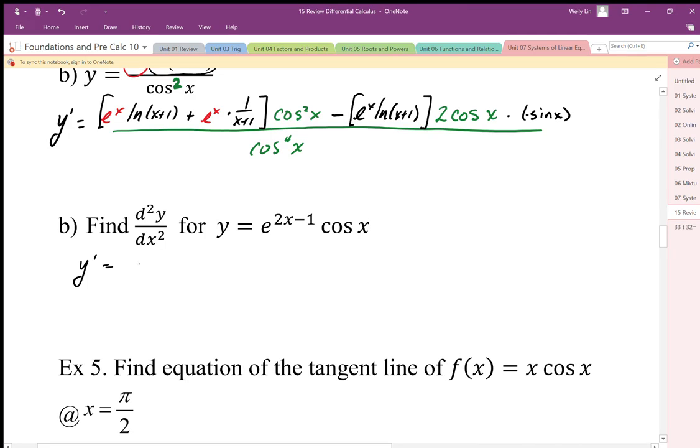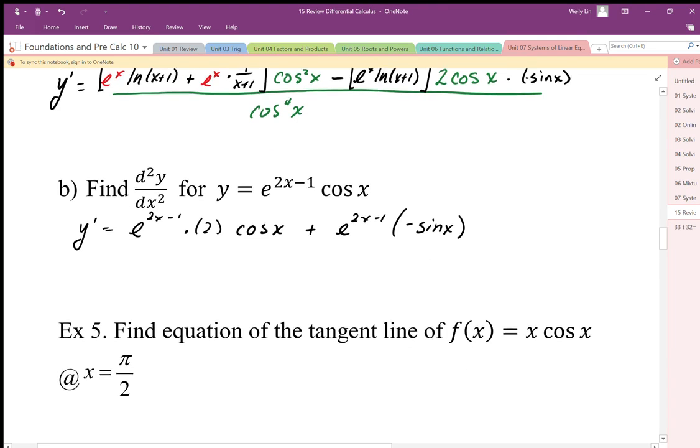So we're going to end up with e to the 2x minus 1 times 2 for the chain rule times cos x plus e to the 2x minus 1, so we don't differentiate that, and then we differentiate the cos to negative sine x. Okay, and there's our product rule for the first derivative.